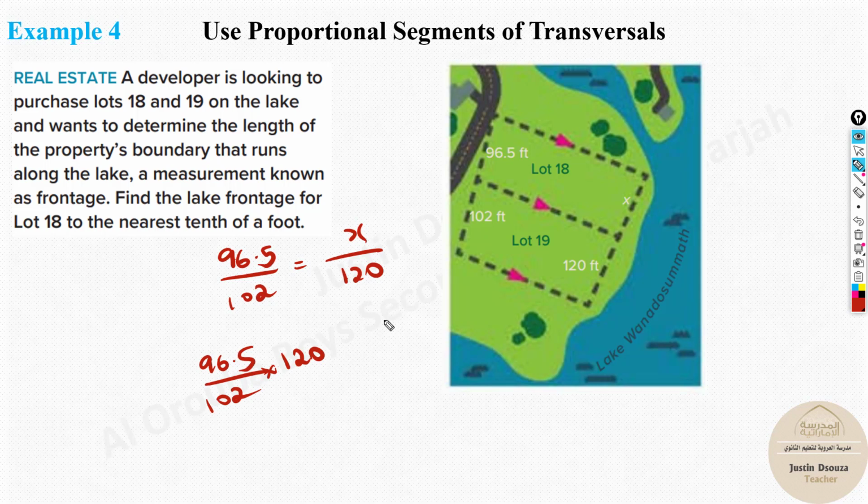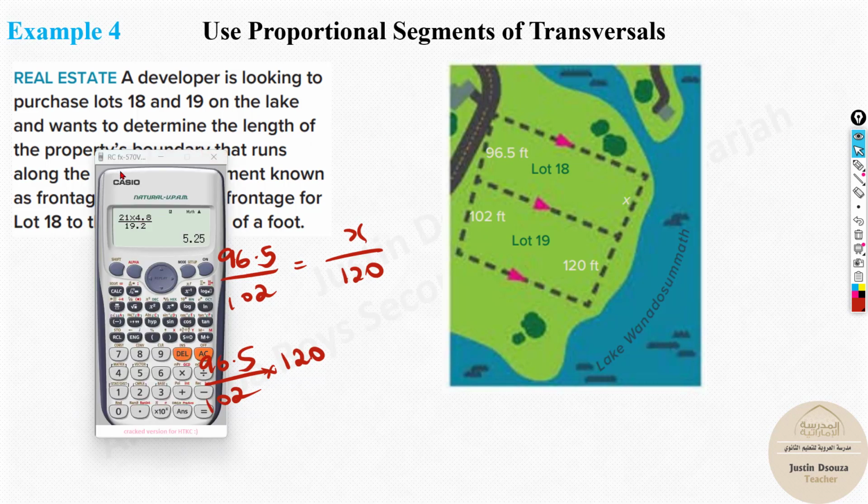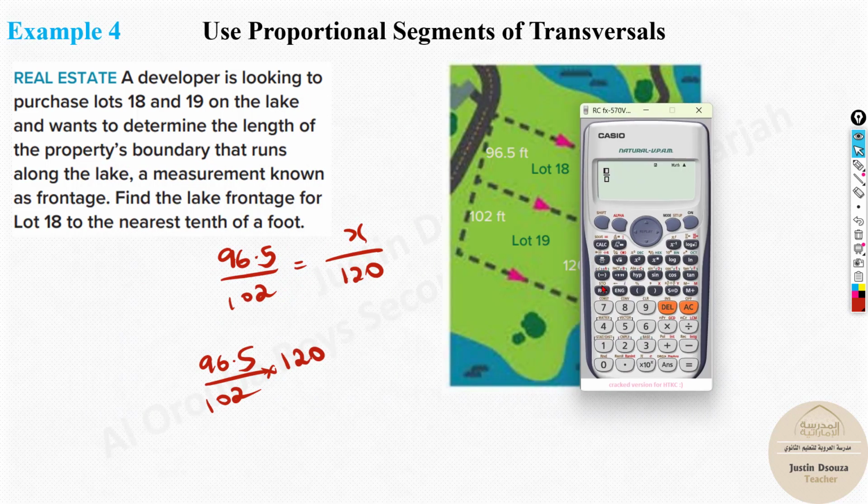We can solve it easily, but let's use the calculator because we can do it quickly. It saves time. All you need to do is put in 96.5 multiplied with 120, which is the numerator, divided by 102.